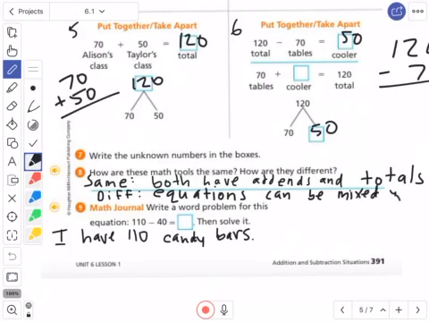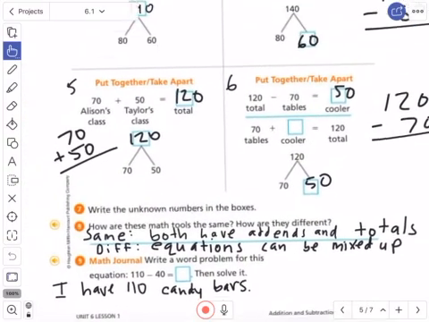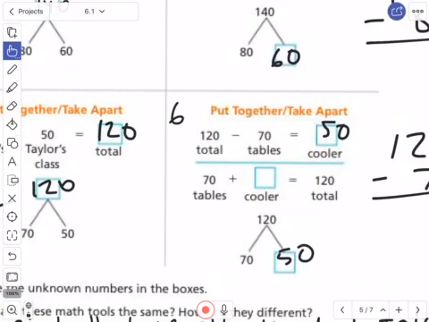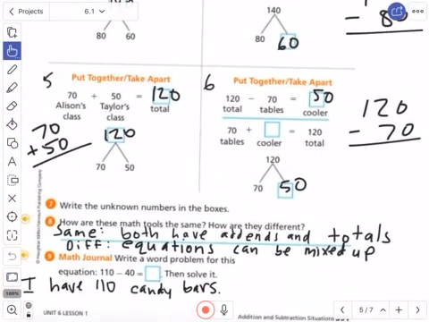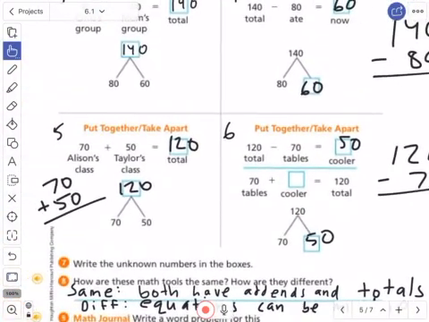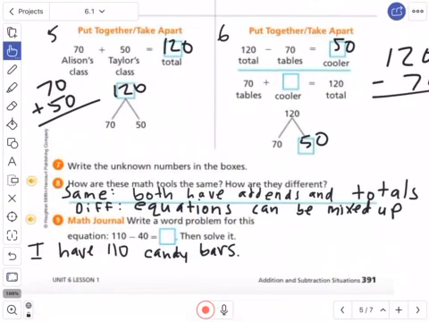That's a really big difference. And when I say mixed up, I'll show you here. Like, give 2 examples here. So you can flip the order of those. So I start with my total. This one I end with my total. So you can flip those around, but the math mountains all stay the same. The total is always on the top, and the add-ins are always on the bottom.